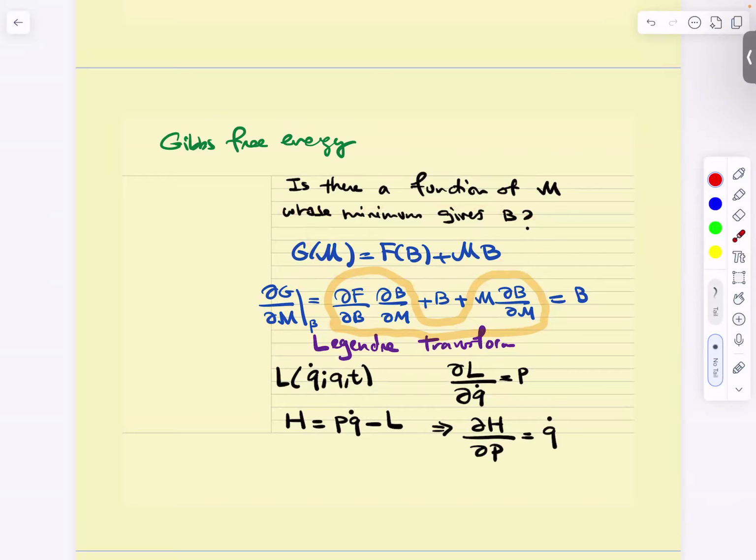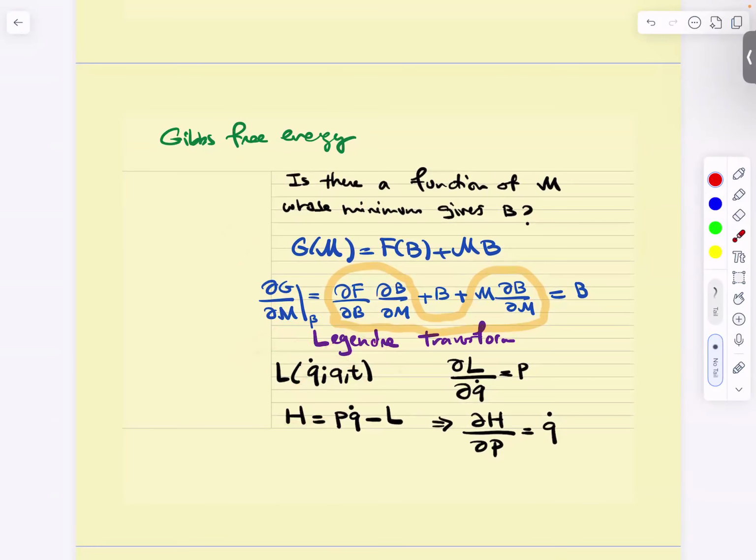You do this in mechanics all the time. Maybe nobody explained it this way to you, but here's what happens. Your Lagrangian in mechanics is a function of Q and Q dot and T. Say, forget about T for a second, Q and Q dot, right? Del L del Q dot is P. What you would like is a function that is a function of P, that when you vary with respect to P, you get the Q dot.